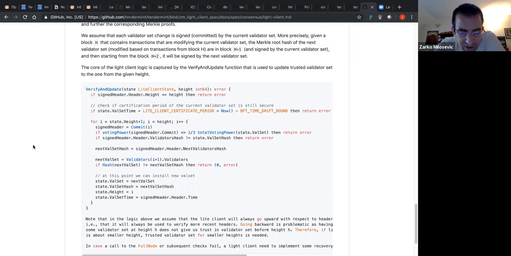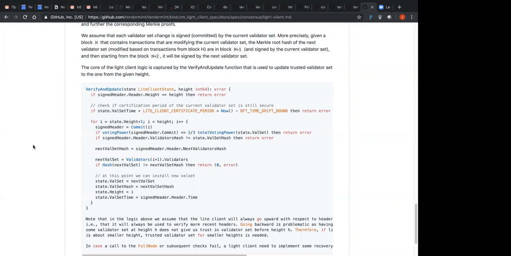So if you somehow connect to two nodes and one is giving you a commit for height h and the other node is giving you a different commit for the same height, then this is clearly a fork. But I must be lucky somehow, right? It's not something that I'm going to guarantee.